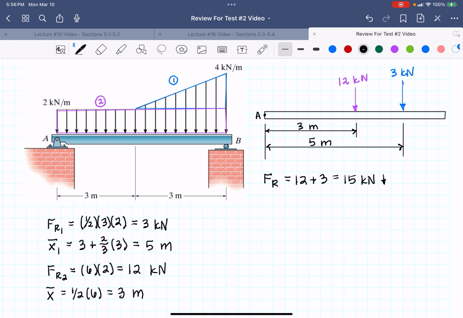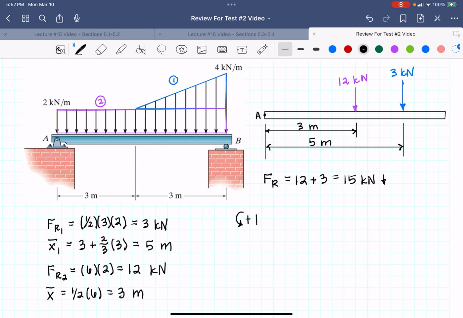So I calculate the moments about point A, because now I want to find the distance where the resultant force will act. I've got the resultant force, it goes straight down, so there's no direction. I am going to take the moments about point A, and I'm going to say counterclockwise is positive.